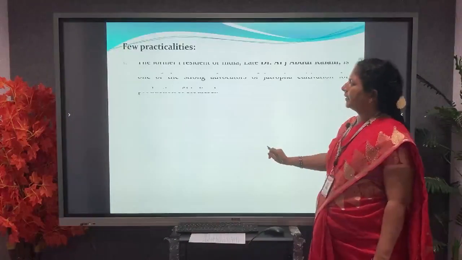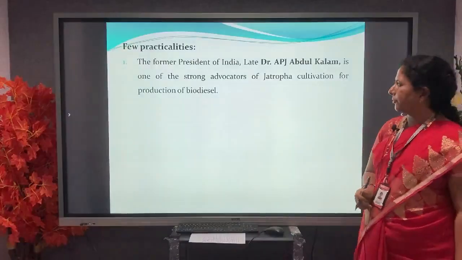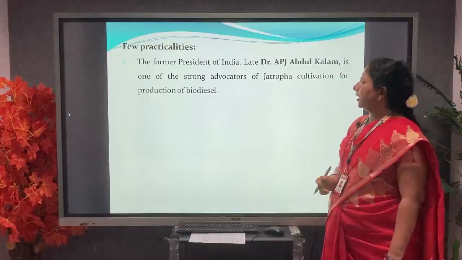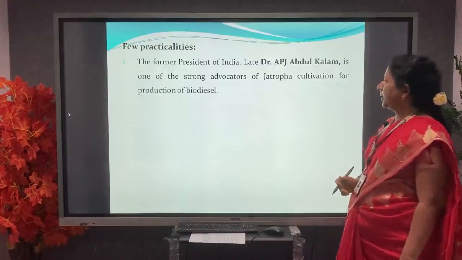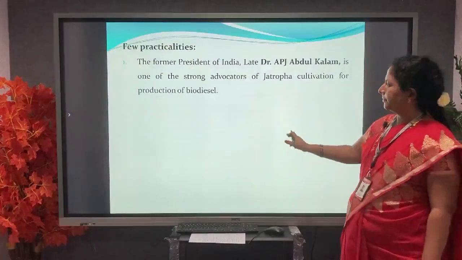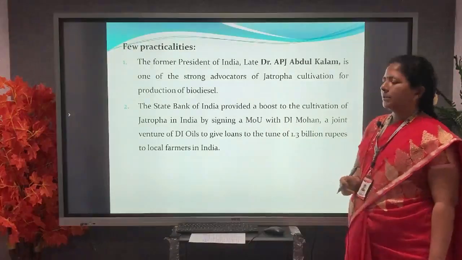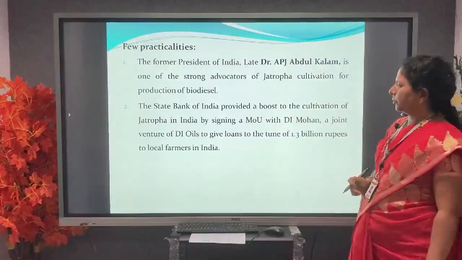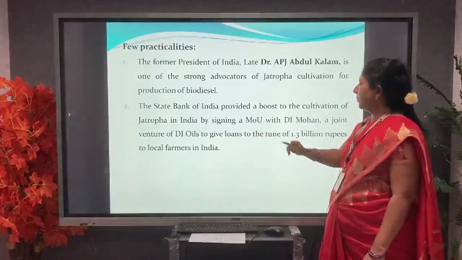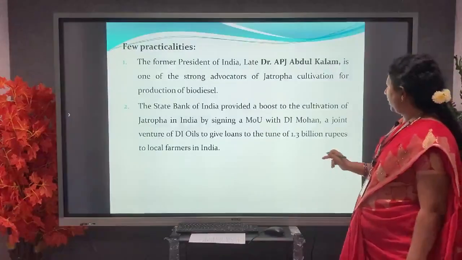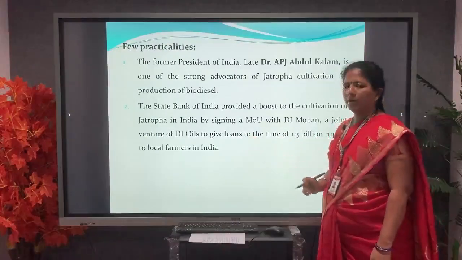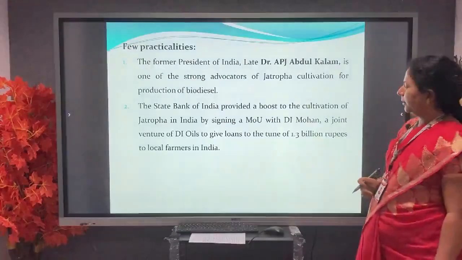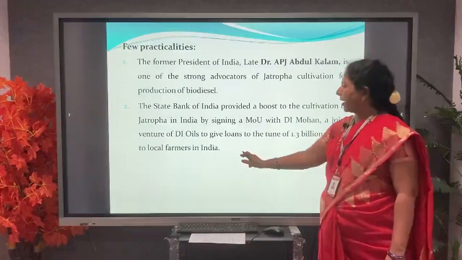Next, a few practicalities. The former President of India, the late Dr. APJ Abdul Kalam, was one of the strong advocates of jatropha cultivation for production of biodiesel. The State Bank of India provided a boost to the cultivation of jatropha in India by signing an MOU with D1 Mohan, a joint venture of D1 Oils, to give loans to the tune of 1.3 billion rupees to local farmers in India.